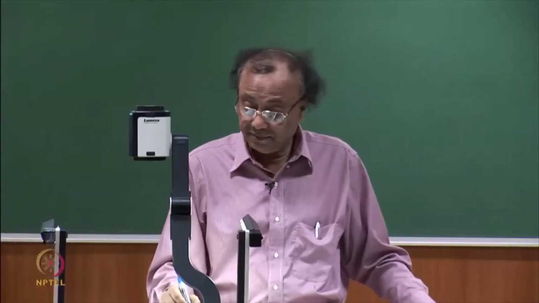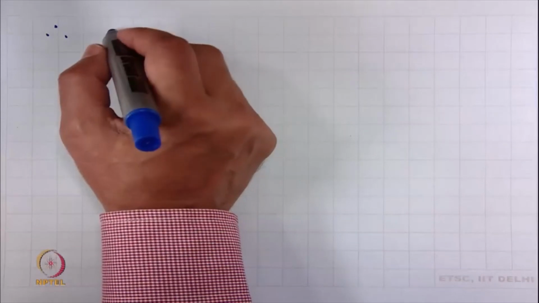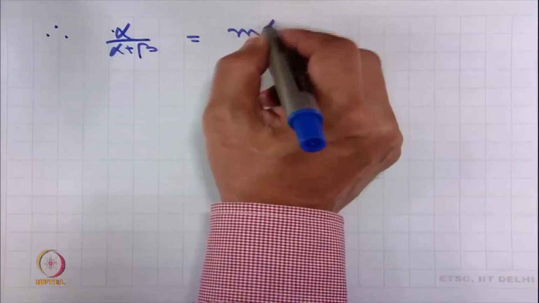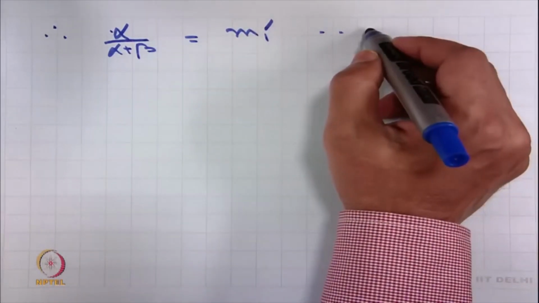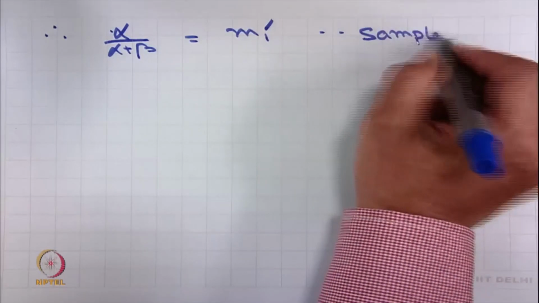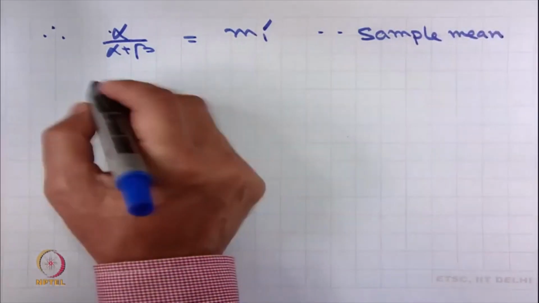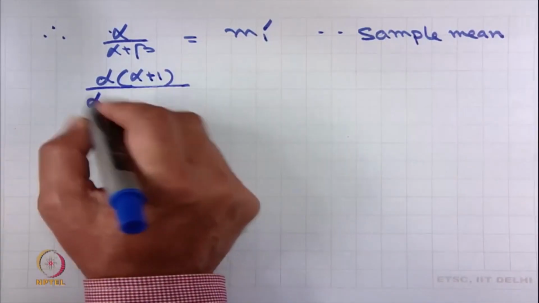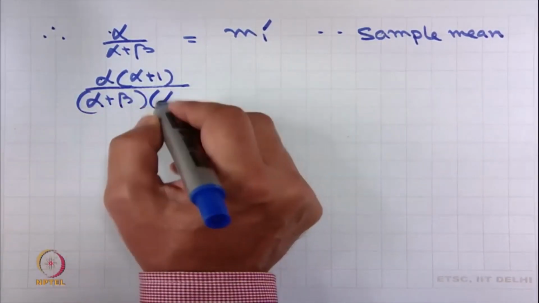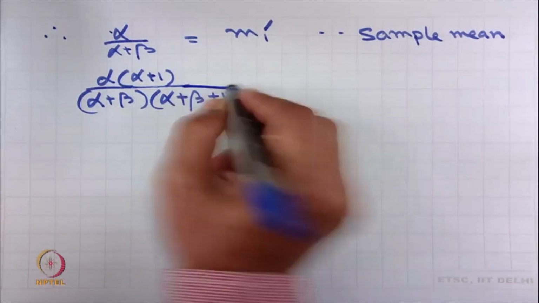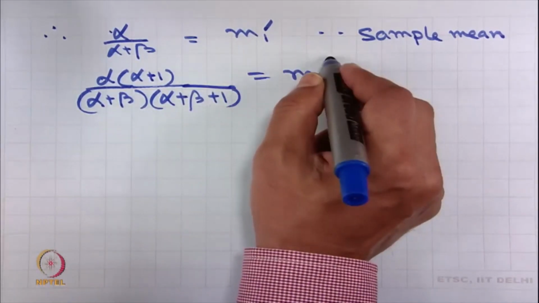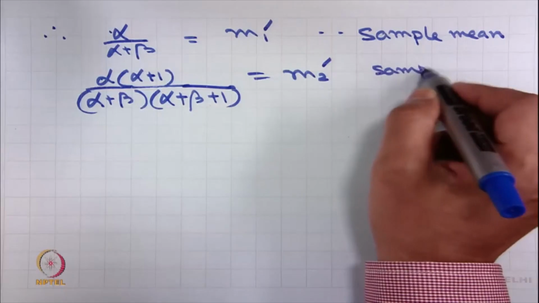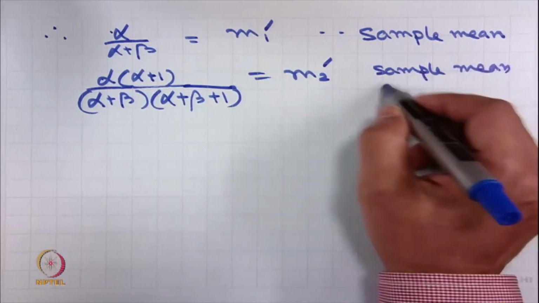Therefore, we have alpha upon alpha plus beta is equal to m1', which is the sample mean, and alpha into (alpha plus 1) upon (alpha plus beta) into (alpha plus beta plus 1) is equal to m2', which is the sample mean of x squared.